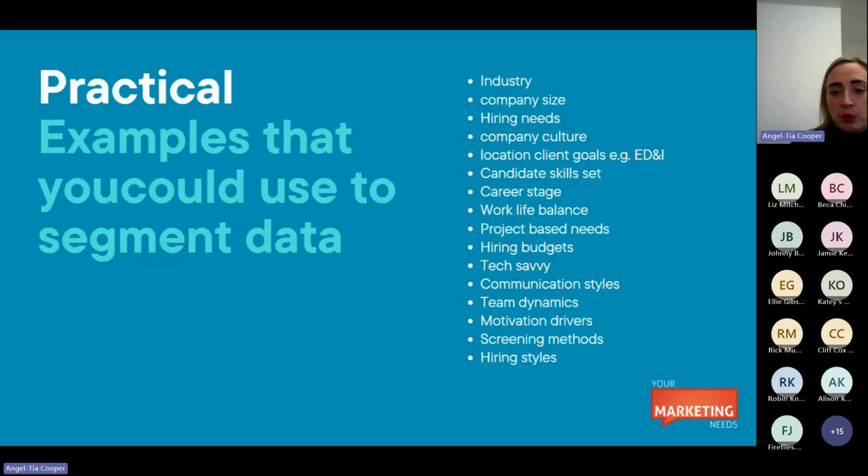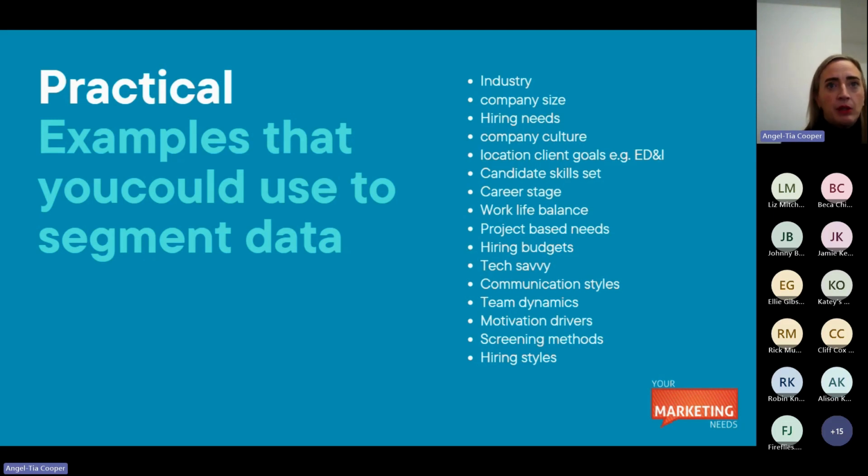And you've got things like project-based needs, hiring budgets. Some people have very, very small budgets, but they're high volume. Other people will have bigger budgets because they're trying to find a key hire. So you can start to think about how you segment them, or how you identify what sets this type of customer apart. Do they need to be tech savvy? What type of communications do they like? What are their team dynamics?